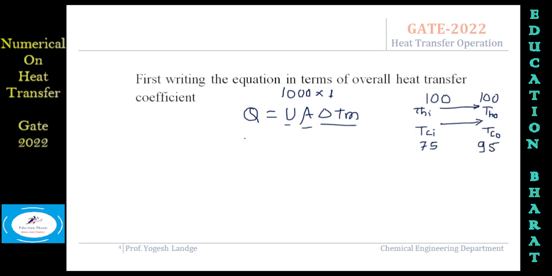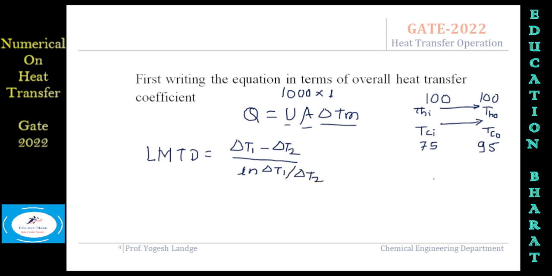So here we write delta T1. The formula for the LMTD is, log mean temperature difference, delta T1 minus delta T2 upon ln of delta T1 by delta T2.